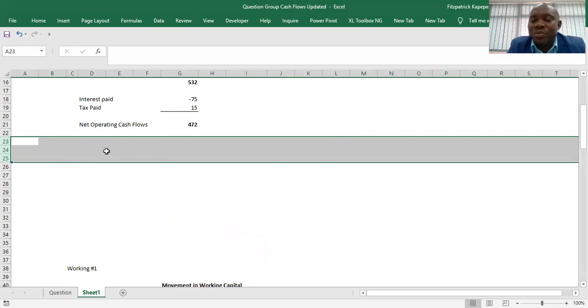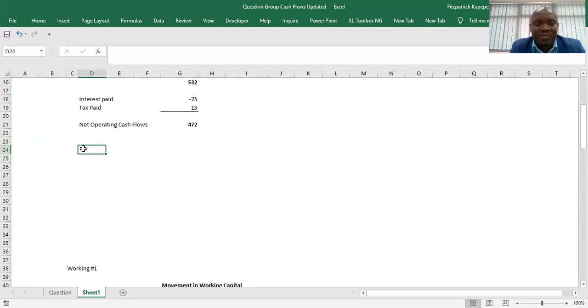We now go to investing, then after investing we'll go to financing. On the investing, guys, we'll start with property, plant and equipment, PPE.